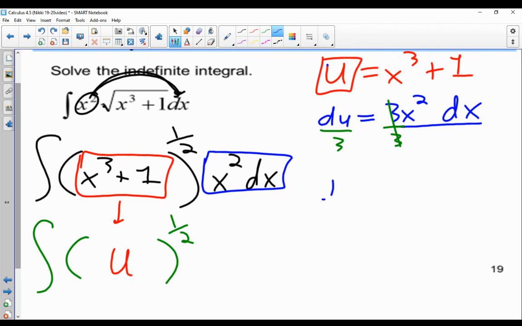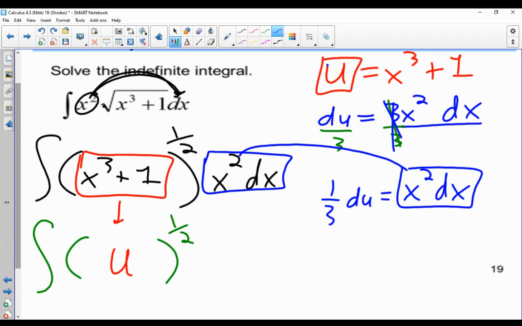So that will give me 1/3 du, and then the 3 cancels over here, and I just get x squared dx. And check it out. x squared dx, x squared dx. These match. So now I can take the 1/3 du, put it in its place.